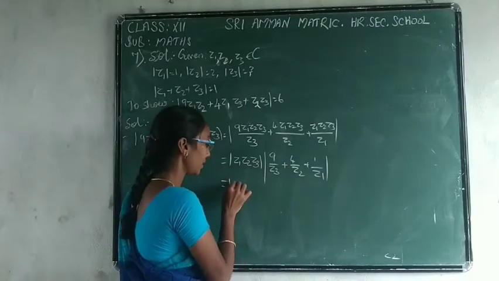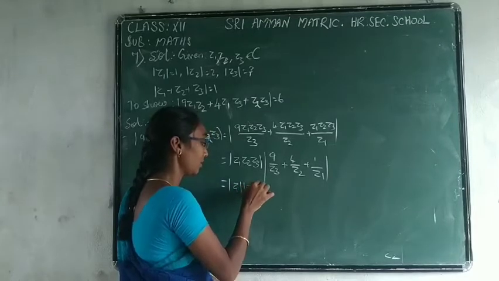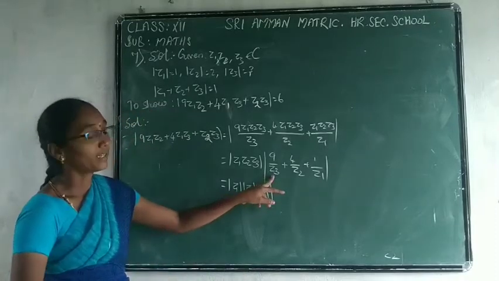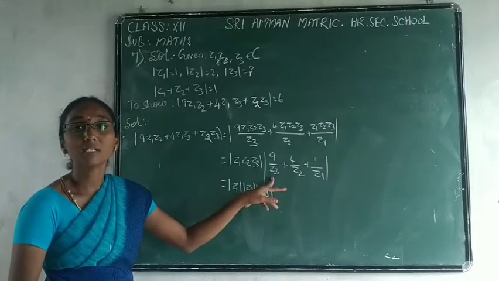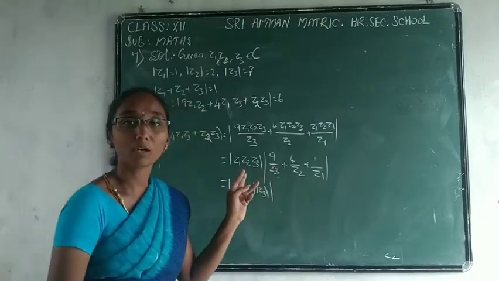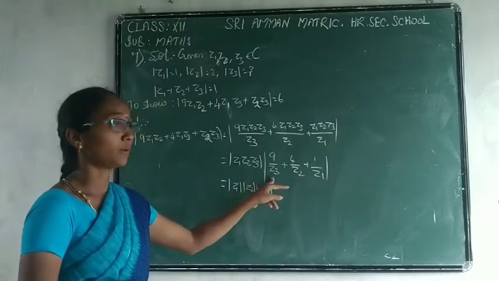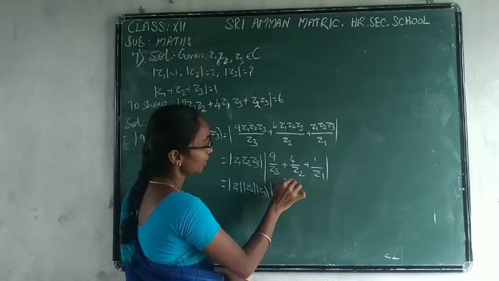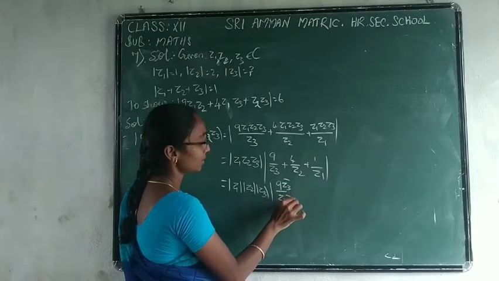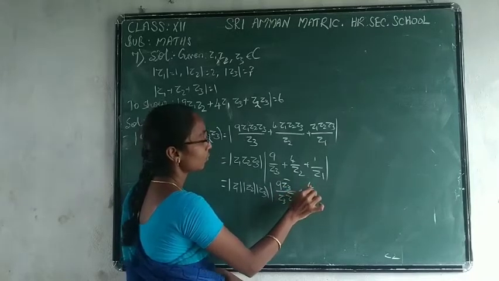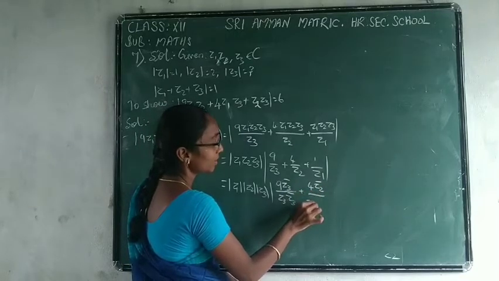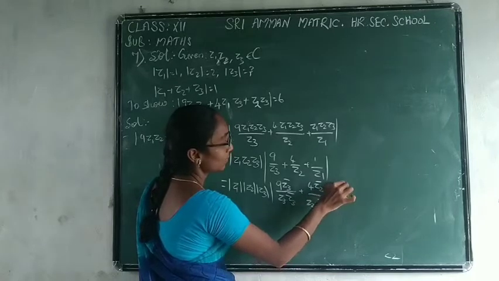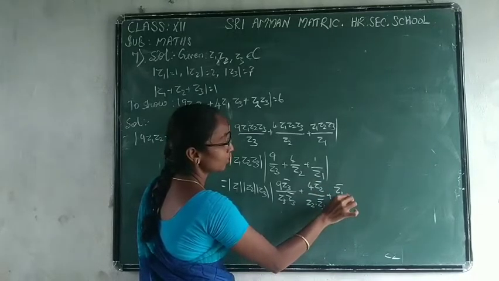Listen. Now I separate this one. The modulus property you already know. Now I go to z3. So z3 bar, the conjugate of the complex number z3. Multiply and divide in each portion: 9 z3 bar divided by z3 into z3 bar, plus 4 z2 bar divided by z2 into z2 bar, plus z1 bar divided by z1 into z1 bar.